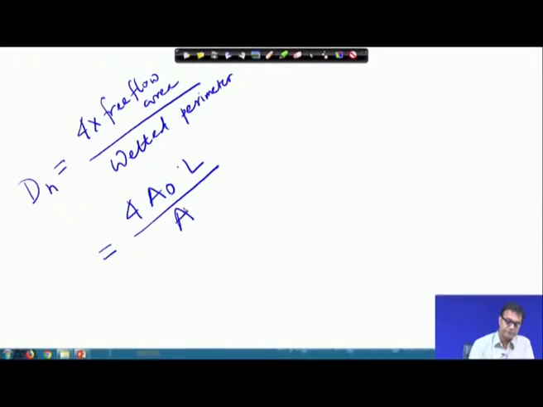So, we have the hydraulic diameter, the heat transfer area, and the length, and what we need to calculate is A 0 from that relation.